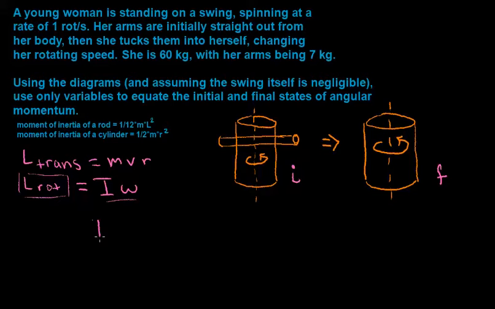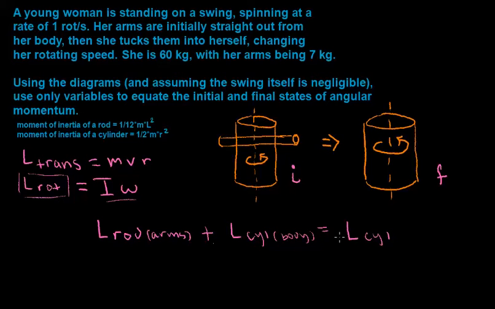So we have essentially the angular momentum of our initial state being the rotational angular momentum of our rod, or her arms, plus the angular momentum of the cylinder, or her body, and then that's just the initial state. We have the final state being the angular momentum of just the cylinder for the final state.